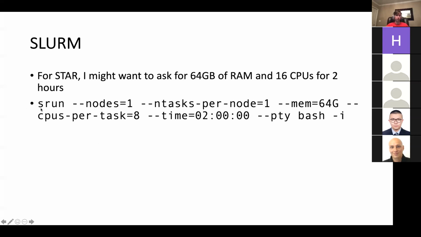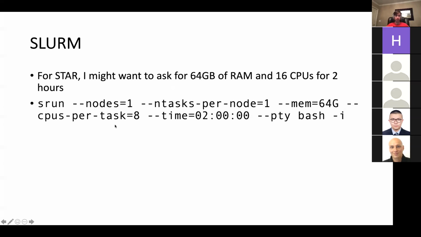So the command here is srun, and that stands for Slurm run. The rest of this is just specifying what I want. Nodes and number of tasks per node can always be one, probably for this pset, because I'm only going to do one job really. I'm just going to run STAR on one sample. Mem stands for memory.